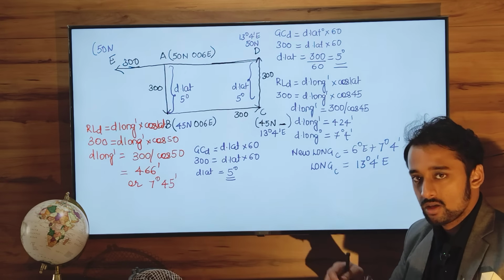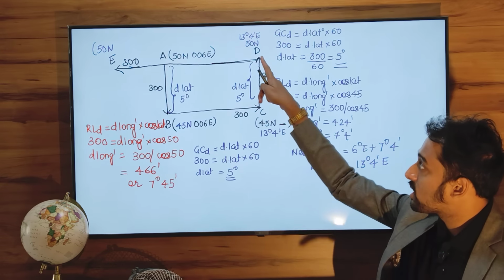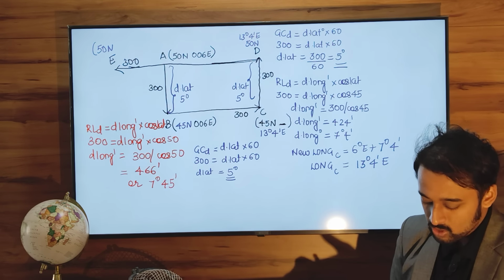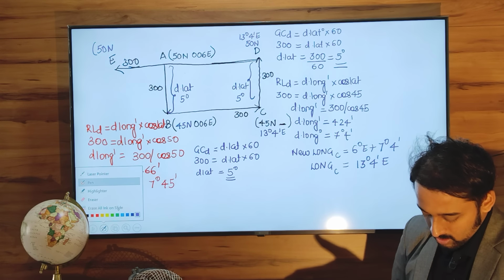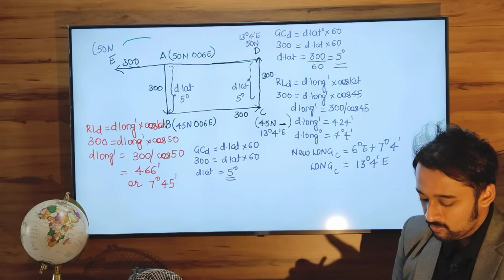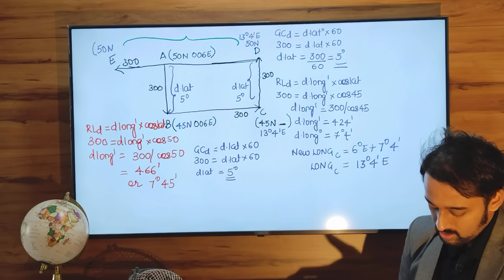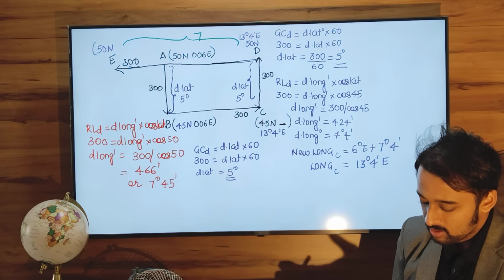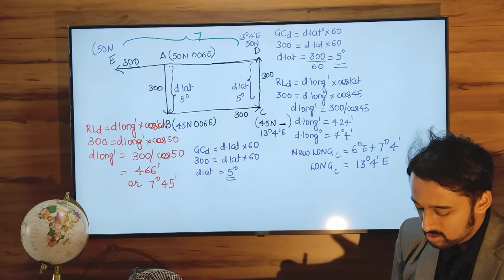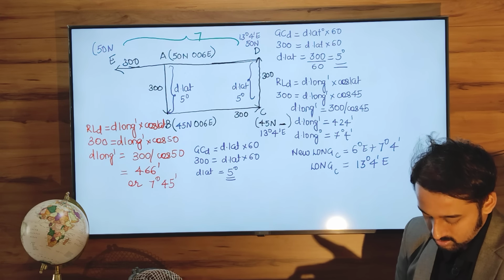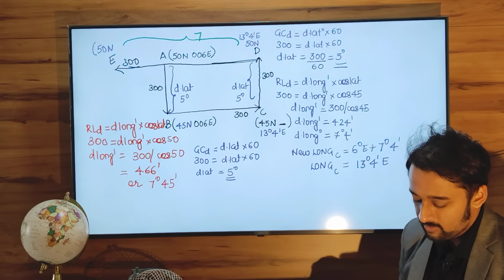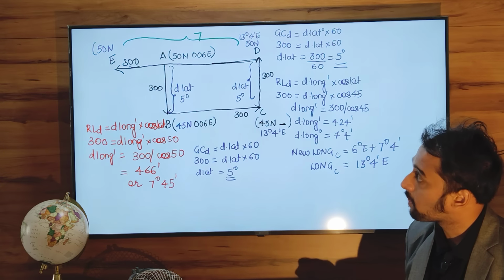Same longitude. So now here we have the initial longitude, and we have the total difference in longitude from initial to final, 7 degree 45 minutes.